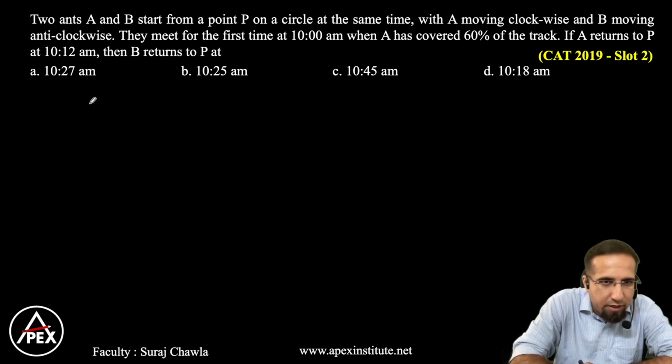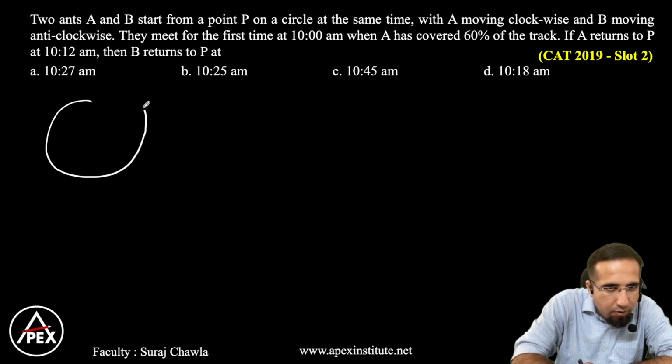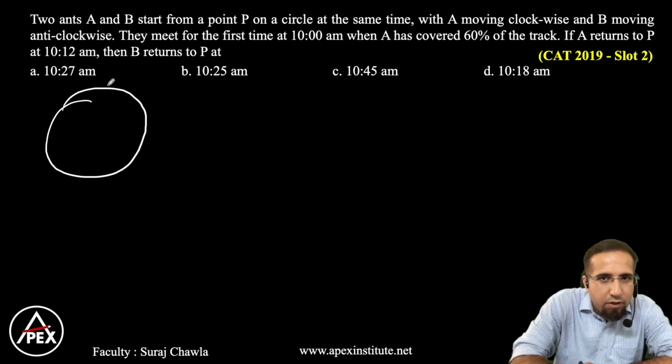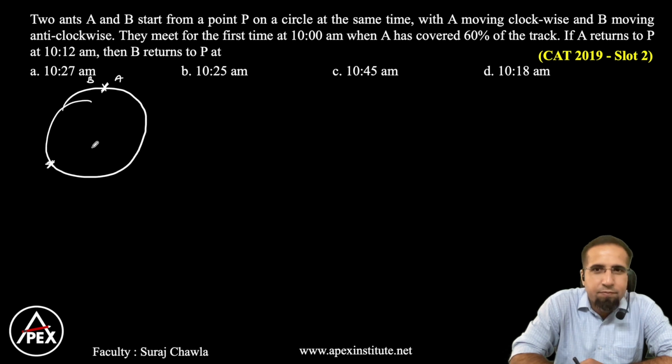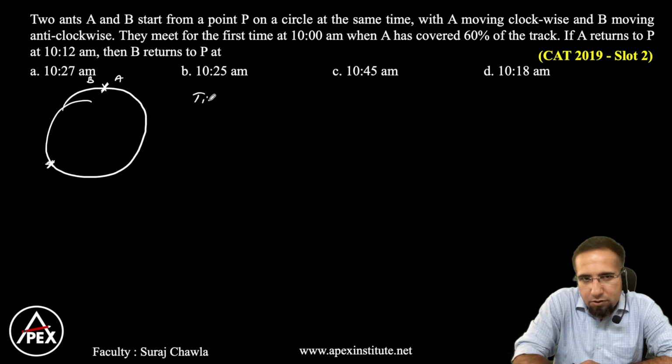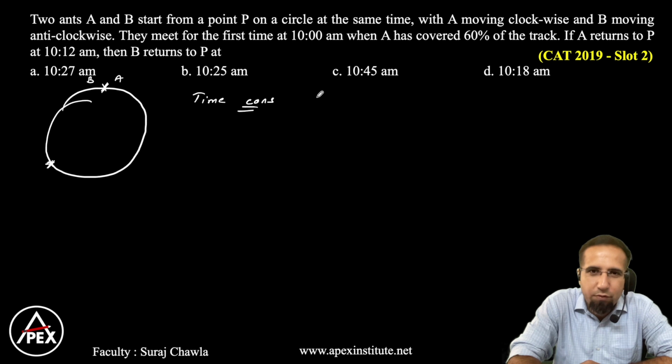Okay, now let's try to understand this question. Let's say this is the point P. A is moving in this direction and B is moving in this direction, and let's say they met somewhere here. Now, whenever they meet, we know that time is constant. They start together and they meet, that means time is constant. So what is the ratio of distances?